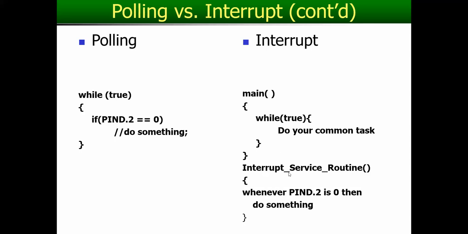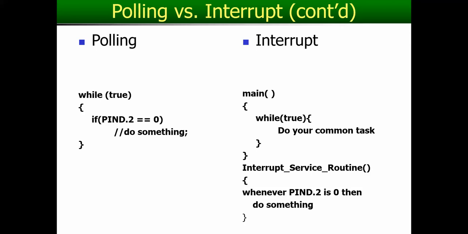We are not calling it explicitly in the software. There's no calling of this function. It's being called automatically by the hardware, and the hardware knows where to go. For example, if there are 5 interrupts occurring, there will be one interrupt service routine for each of them, and that will be unique.